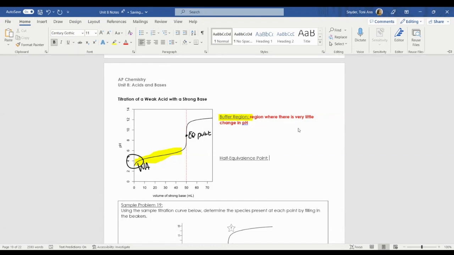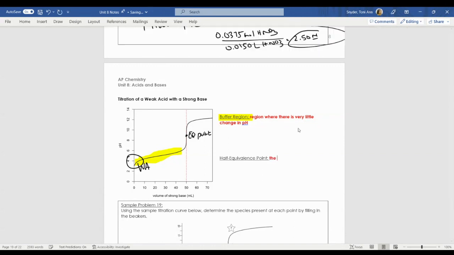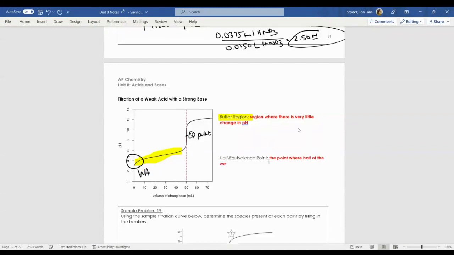So the half equivalence point is the point where half of the weak acid has reacted, which makes sense. If the full equivalence point, what we talked about previously, is when your moles of acid equals moles of base, the half equivalence point would make sense that it's where half the acid has reacted.